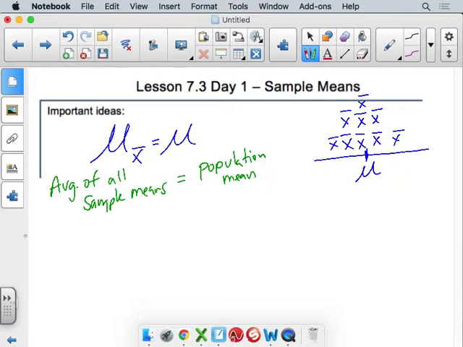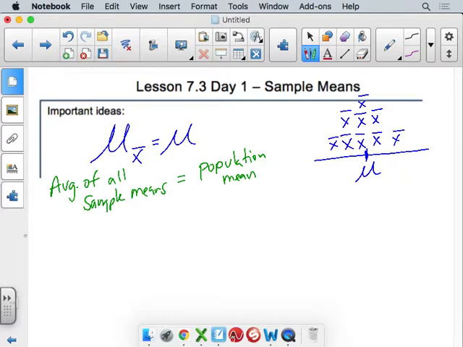That's the same thing we just did: the average of all of the sample proportions should equal your population proportion. So it's still the same idea. The samples should average out. Me flipping a coin, 50% should be the average over the long haul, basically.